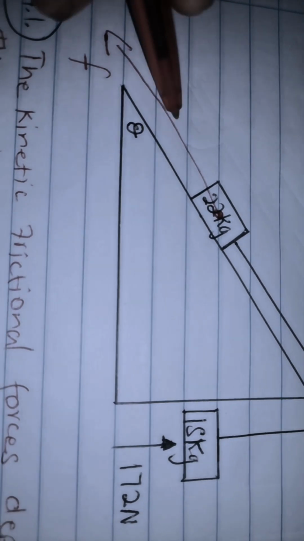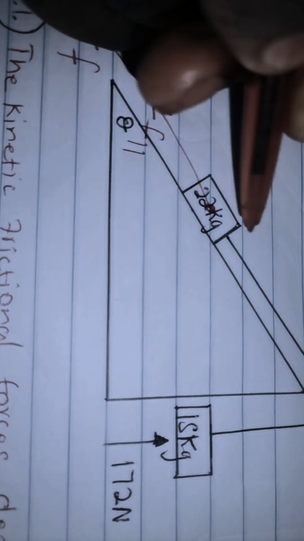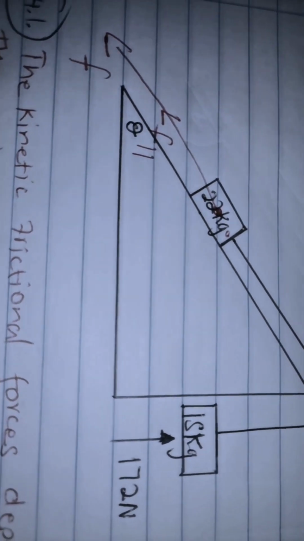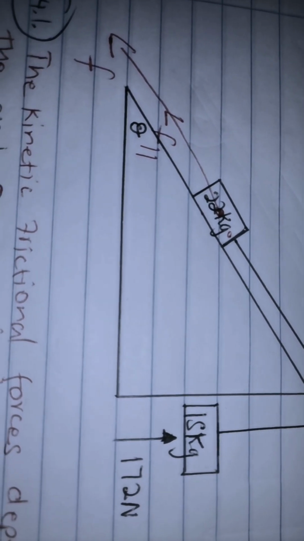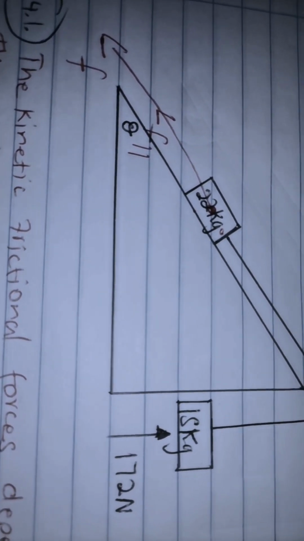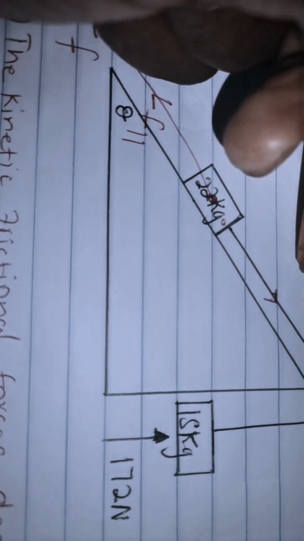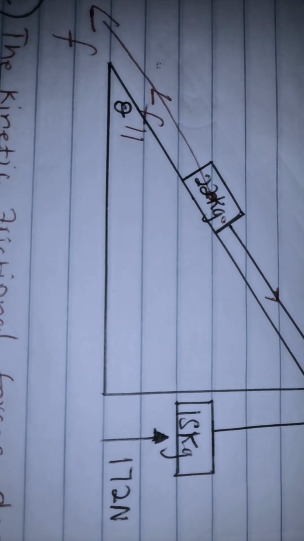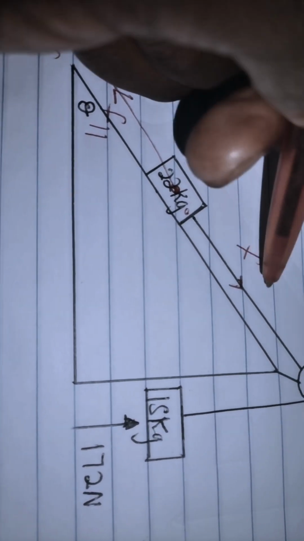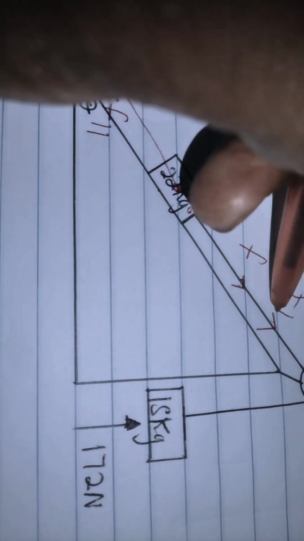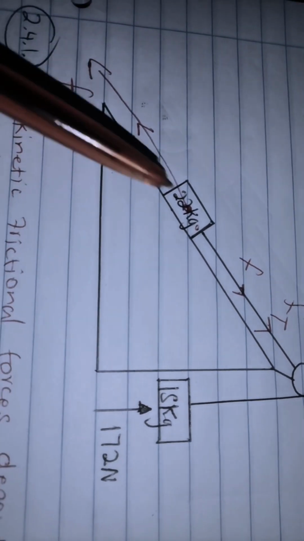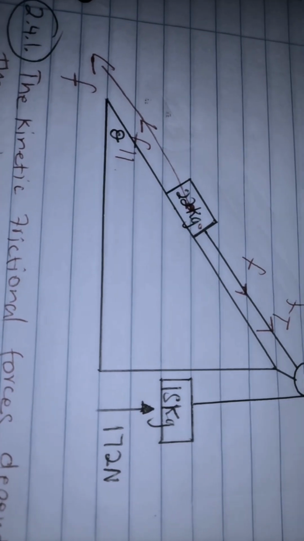We have a force here and F parallel, and remember there's another force included there. We have the tension, our tension is here, Ft, another tension. We have our friction, and our F tension. So there are 1, 2, 3 forces acting on the 22 kg block.